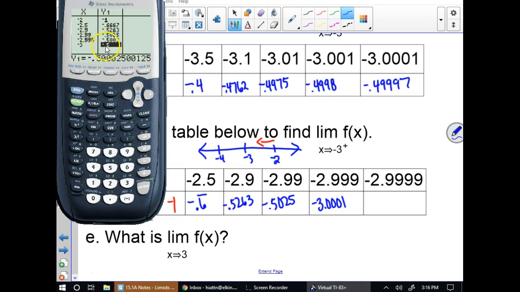You'll see here it's not actually, it's -0.50000025. So it looks like this limit is also approaching -0.5. And since the limit from the left and the limit from the right both approach -0.5, this limit from both sides, the one that does not have a plus or minus behind it, approaches -0.5 since those two are the same.